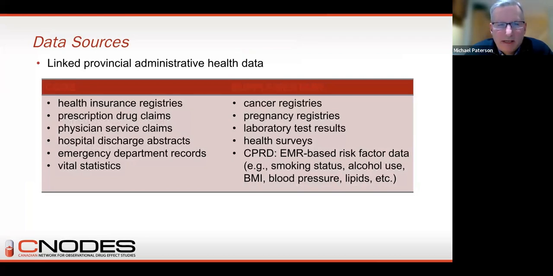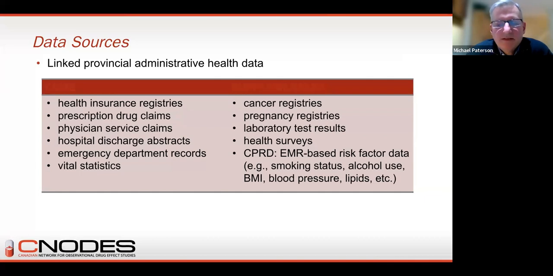So on the left-hand column here, we have our core provincial health administrative data sources, the provincial health insurance registries, prescription drug claims, physician service claims, hospital discharge abstracts, emergency department records captured in Canada largely in the National Ambulatory Care Reporting System. We also have same-day surgery records and vital statistics records.